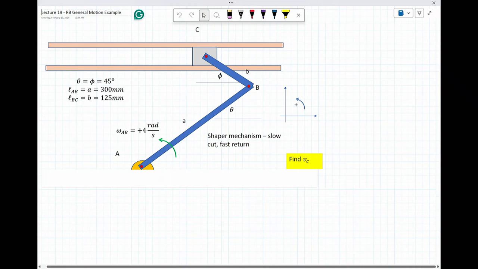So, of course, oh no. I have a slider, and that's at position C. I also have a pinpoint, and these are going to be very important. So if I look at this system, or this mechanism, I have AB, which is rotating about point A. I have BC, and I have point C, which is a slider, and it's moving left or right.